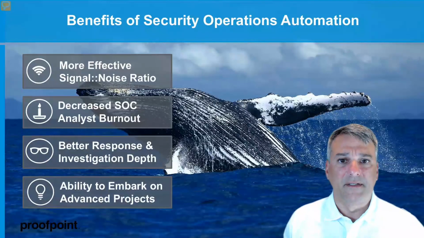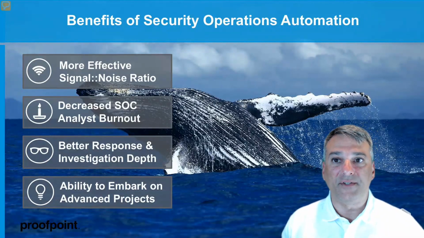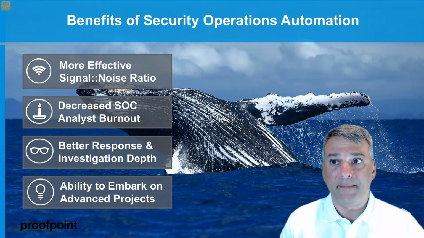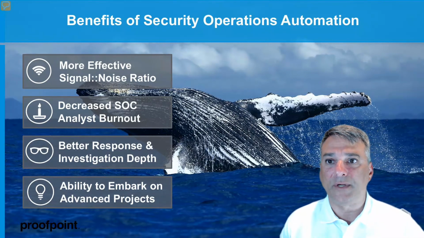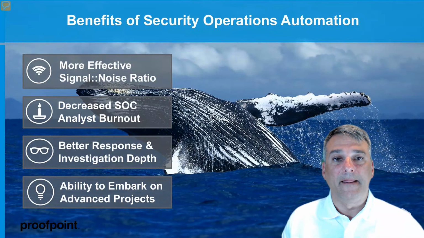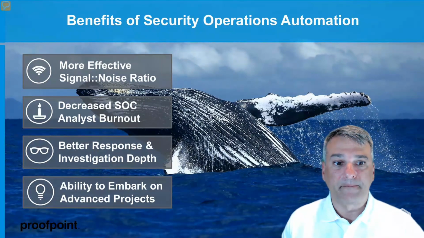So what are the benefits of security operations automation? Well, overall, I think there's better team time management, which means better team dynamics, which means better security. There's a more effective signal to noise ratio. There's a better balance between false positives and false negatives. Our SOC analysts can now focus on the important things rather than having to hit a bunch of dead ends.